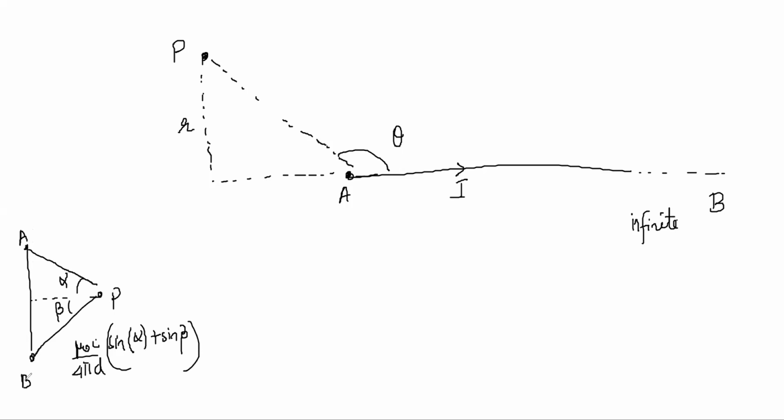Is it just that the whole thing is mu naught I by 4 pi d sine theta? No, it's not the whole thing. So that infinite thing becomes 0. No, what is it?